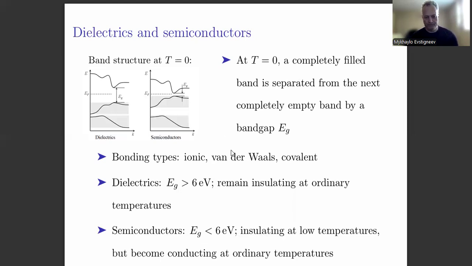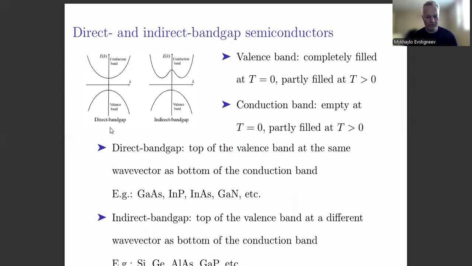All right. Okay, so here is our valence band, and here is the conduction band. You can have two possibilities. The top of the valence band and the bottom of the conduction band may happen at the same value of the wave vector, or the same value of the quasi-momentum of the electron.